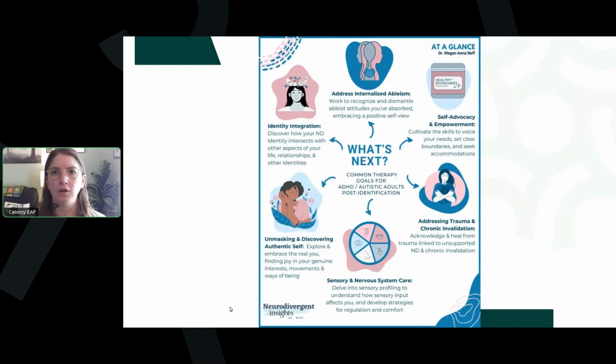And how to also really work towards finding inclusive, welcoming social systems. So navigating that. We talked a little bit about that sensory and nervous system care. So either more effective or safer stimming and fidget tools, really integrating those in, finding a way of what's working and what's not, and also noticing what potential sensory triggers are coming up.